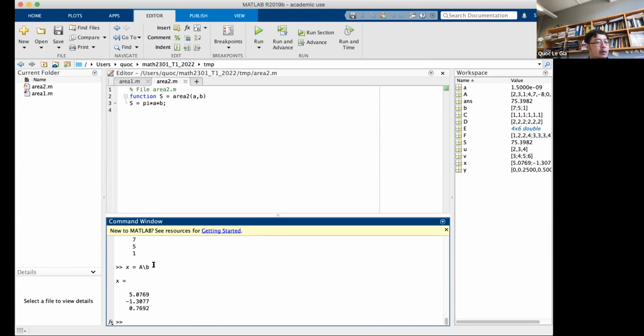So that is how you solve the linear system in Matlab. And the next question is another useful command. Suppose you want to make row vectors into column vectors.